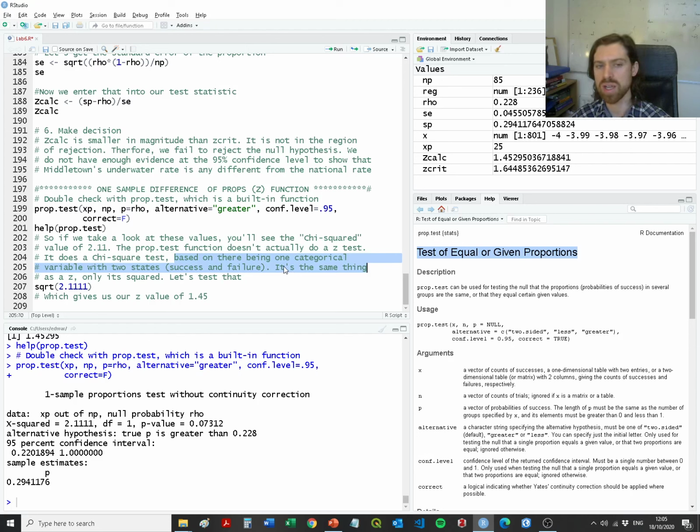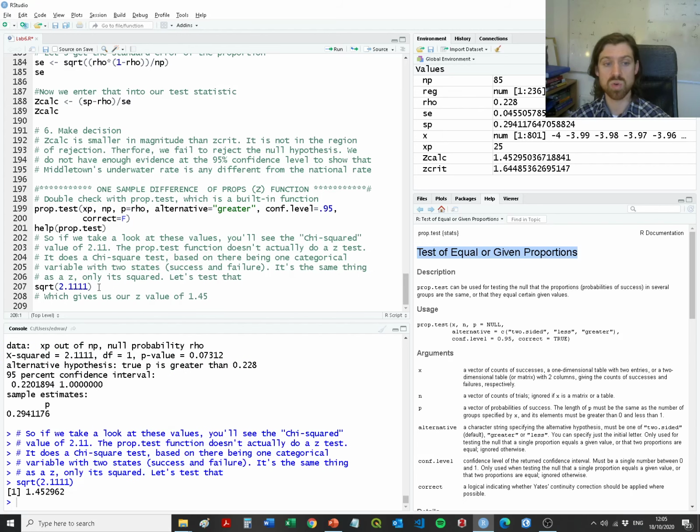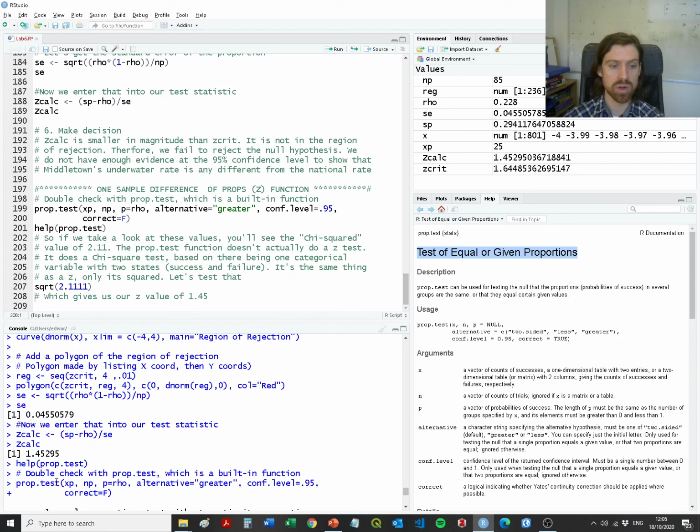As I mentioned, it was a binary approach. This is essentially the same thing as the z-score, only it's squared, which means that we're able to get the z-score by taking the square root of that value. Let's do that, and when we take the square root we get 1.45, which marries up with the zcalc that we calculated manually.